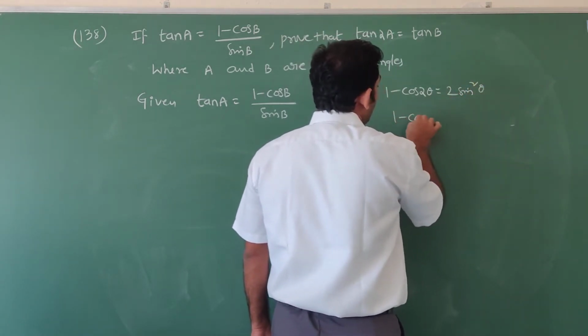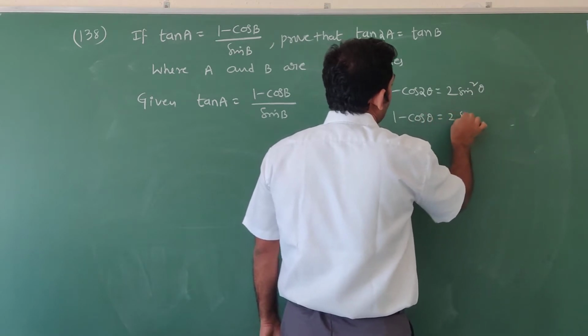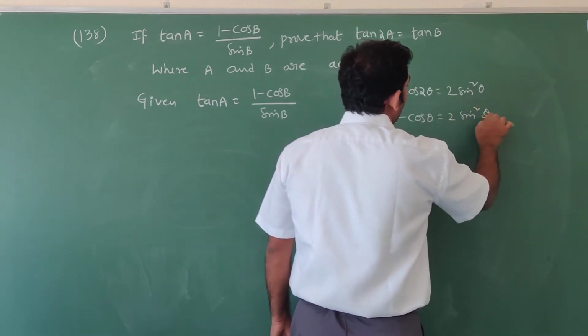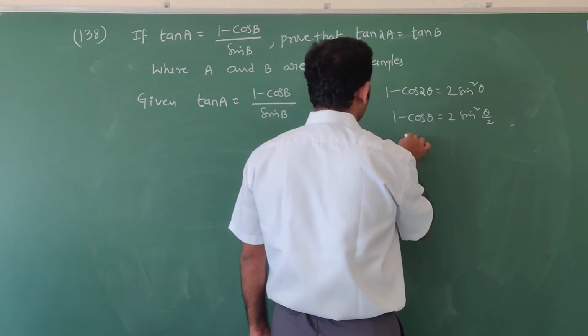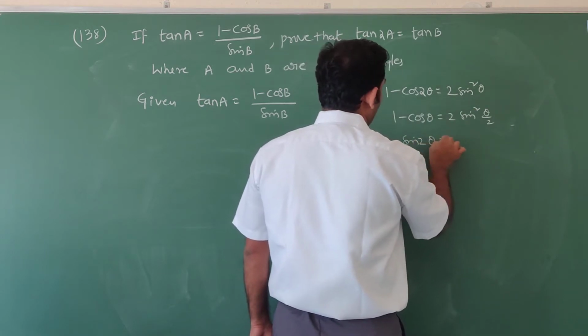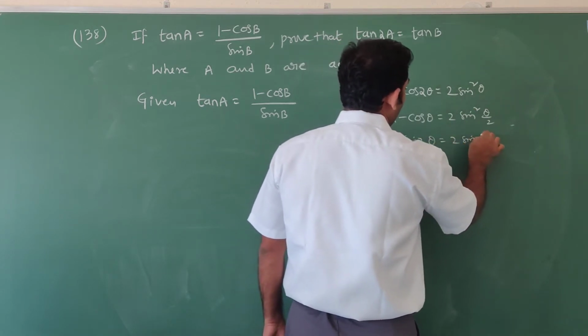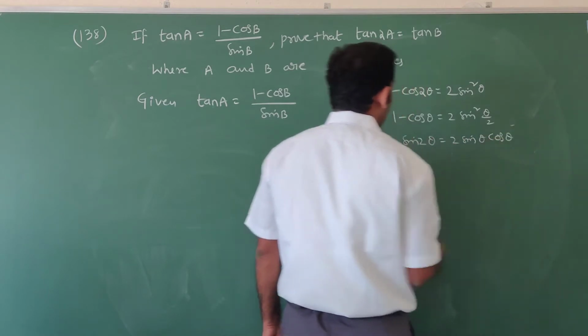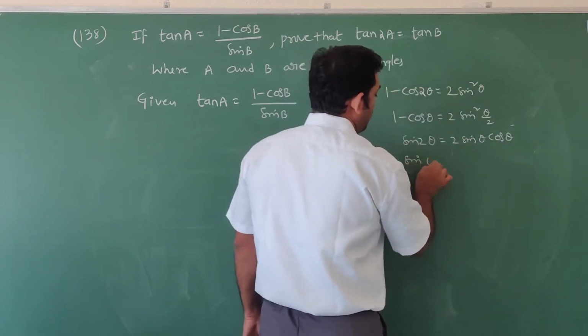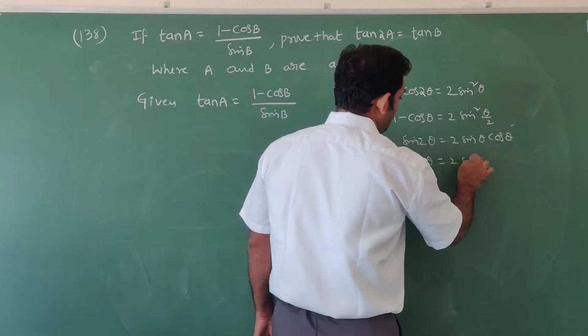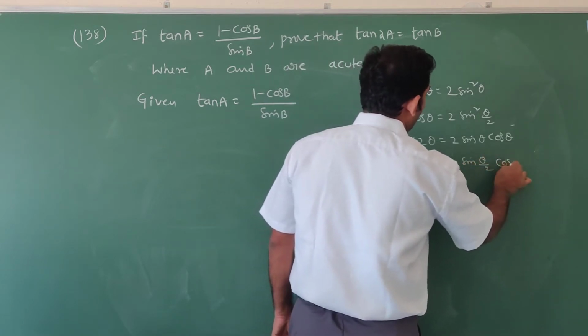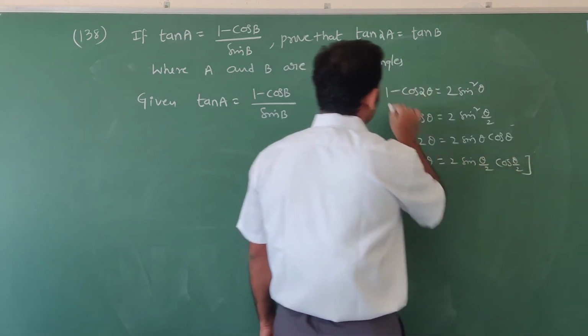Similarly, 1 minus cos theta means 2 sin square theta by 2. Similarly sin 2 theta, what is our formula? 2 sin theta cos theta. Similarly sin theta is 2 sin theta by 2 cos theta by 2.